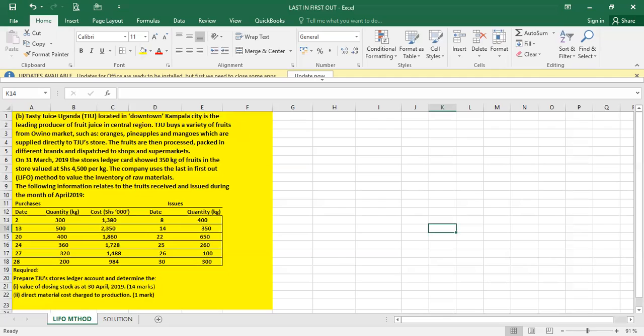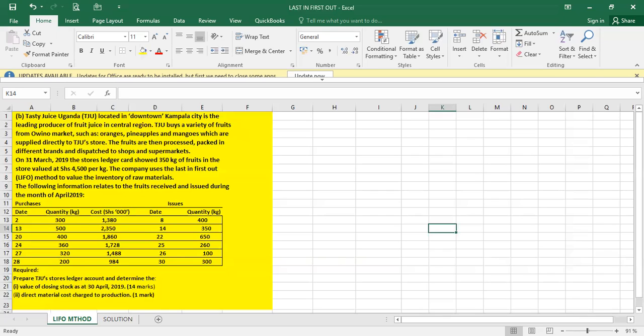Here, what we are emphasizing is the cost, because if you check the required, they are saying prepare TJU's store ledger card or store ledger account and determine, Roman 1, the value of the closing stock as at 30th April 2019, 14 marks, and Roman number 2, the direct material costs charged to production.